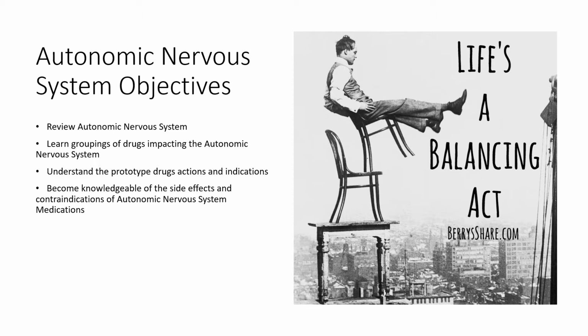And that's where some knowledge about the drugs will come in, because the first thing you should ask yourself is, what is this drug? Is it a sympathetic stimulator? Is it a sympathetic inhibitor? Is it a parasympathetic stimulator? Or is it a parasympathetic inhibitor?